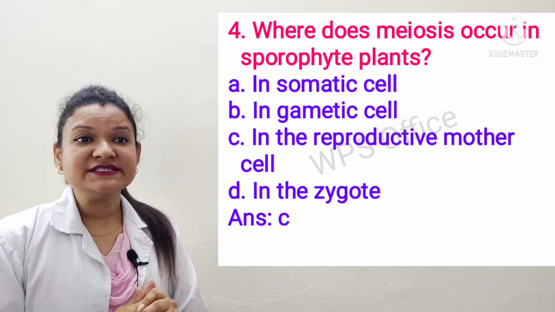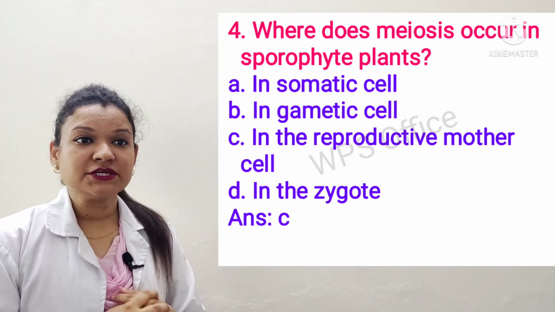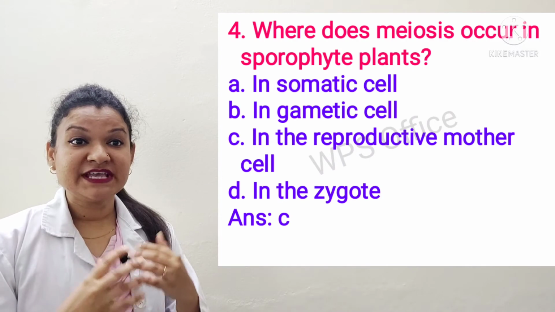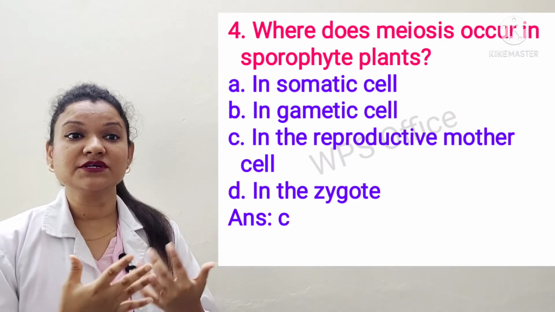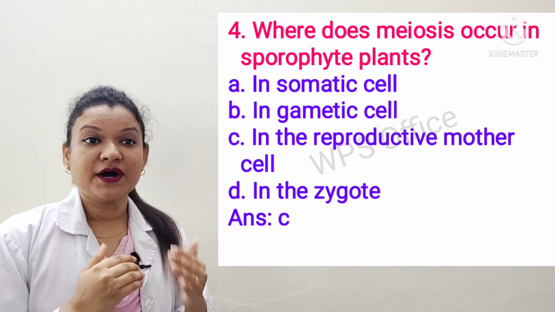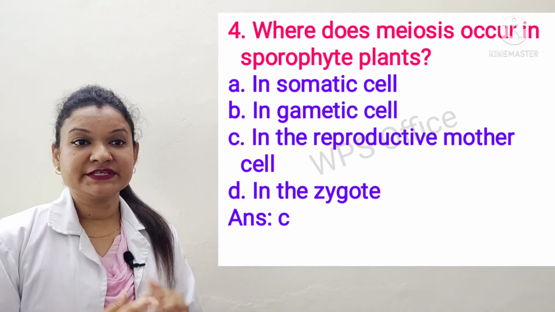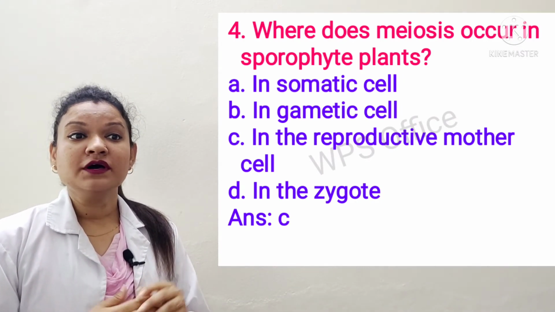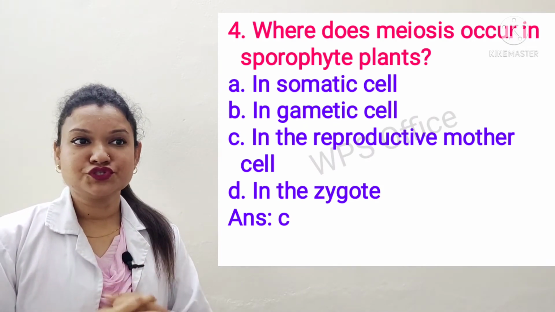We know that zygote is created in the gametophyte or the lower organisms. In lower organisms, one haploid male and one haploid female fuse together and create a zygote. So we can remove this option also.